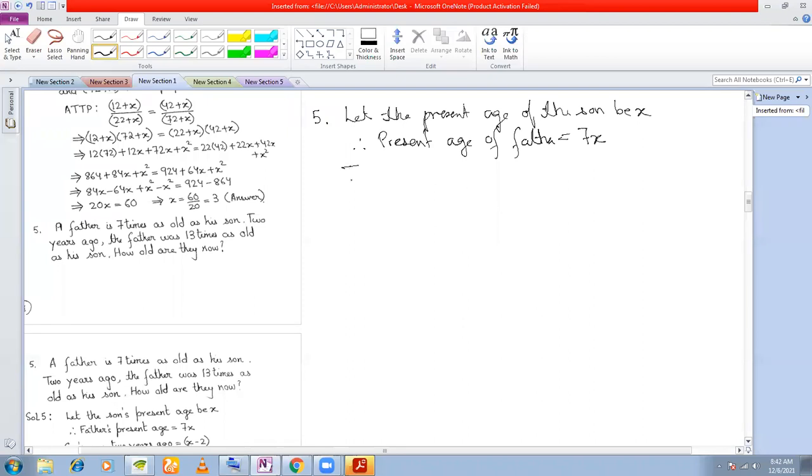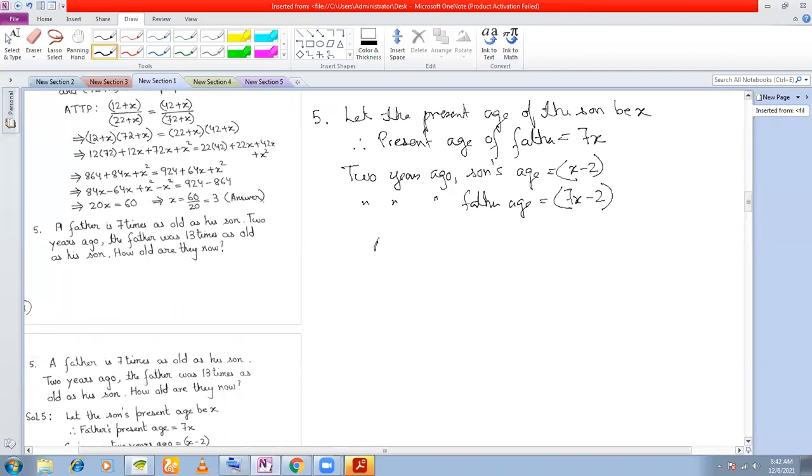Now, 2 years ago, son's age was x minus 2. And 2 years ago, if father's present age is 7x, he was 7x minus 2 years old.